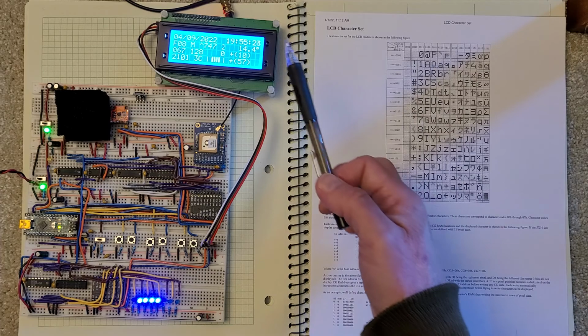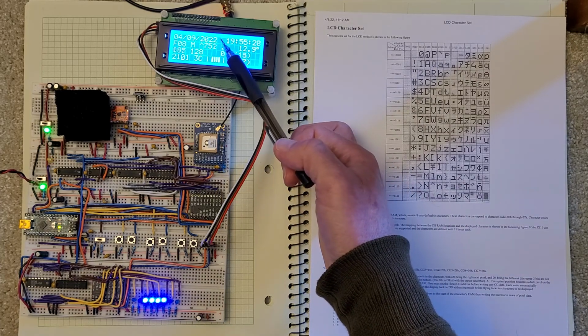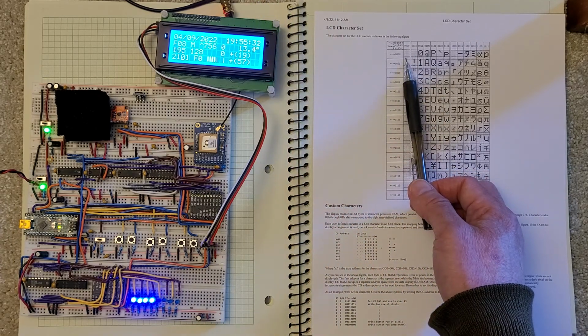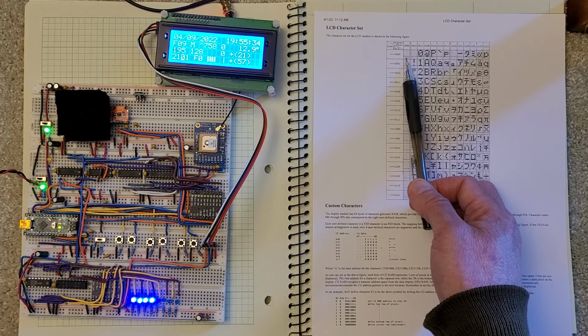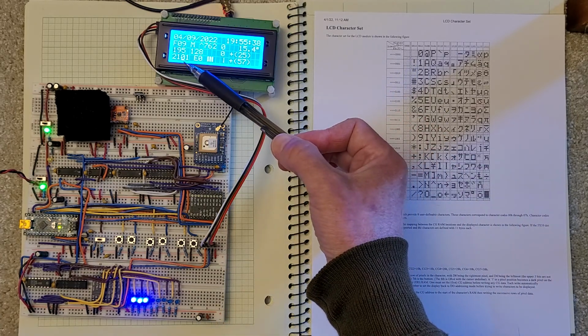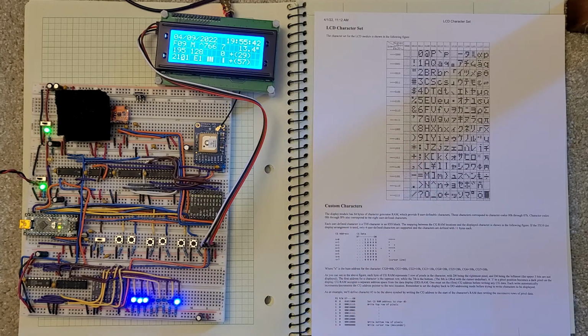It's actually displayed, because if you look at the display, there are blank spots between each 5 by 8 grid of bits. And then the bottom row is actually where the cursor goes. So, there's the cursor right there, and none of these characters use the bottom.